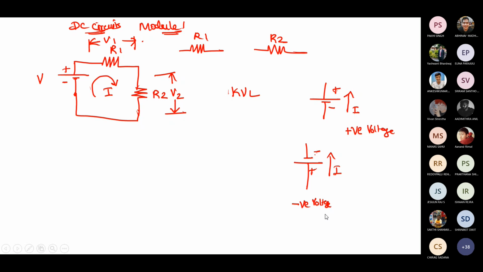Some may say, no ma'am, in my schooling I've done it a different way, where I assumed this as negative. No problem. If you take this as negative, the other should be taken as positive, and vice versa. Is it okay, students? These are only assumptions so that it will be easy for us to write the equation.